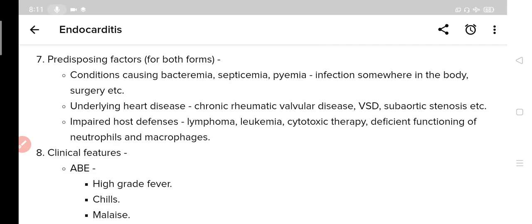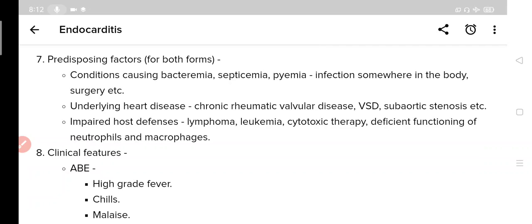It is very obvious because bacteria are present in the blood, and with circulation they will also go to the heart, and they can cause endocarditis. The second predisposing factor is underlying heart disease, like chronic rheumatic valvular disease, ventricular septal defect, or subaortic stenosis, etc.